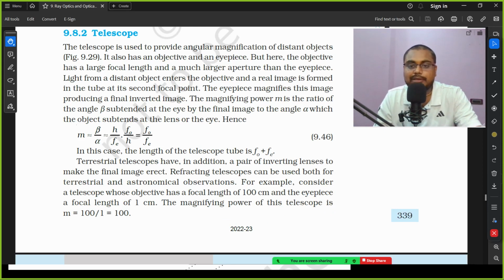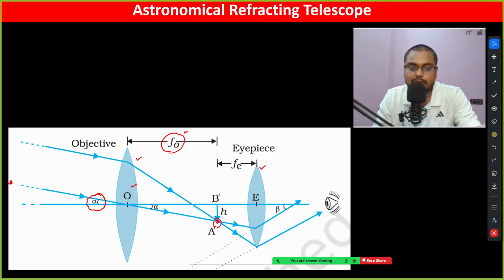The eyepiece magnifies this image, producing a final inverted image. Now what does the eyepiece do? It takes this image, and we have put the setup in such a way that the image is formed at the focus of the eyepiece.